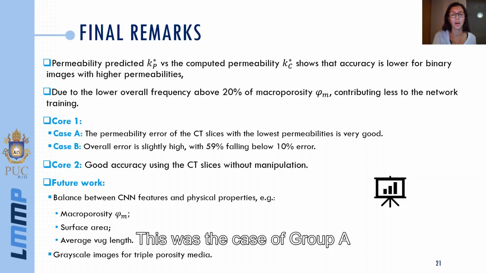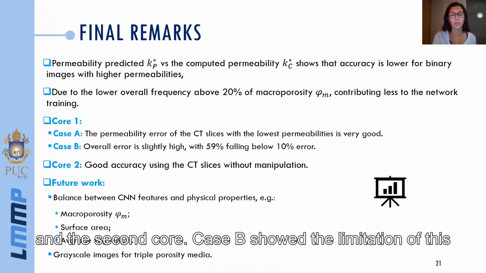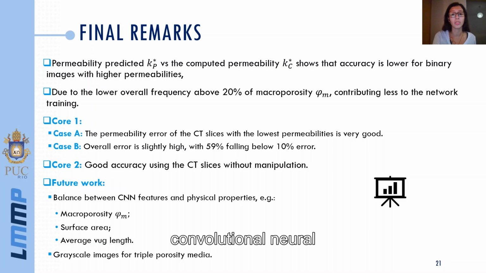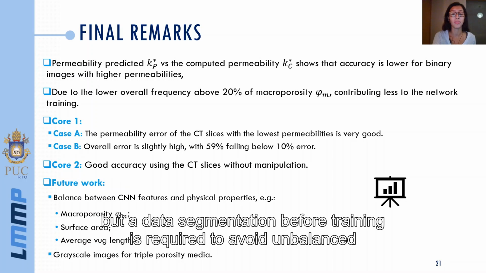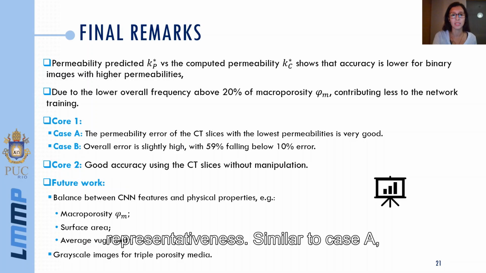This was the case of group A and the second core. Case B showed the limitation of this convolutional neural network architecture. The overall error is acceptable, but a data segmentation before training is required to avoid unbalanced representativeness.